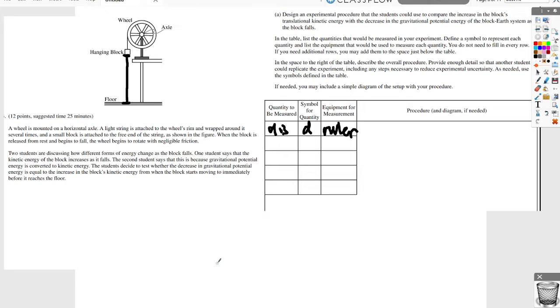Yes, speed. Symbol for quantity, or I could just say speedometer. If we don't have a speedometer, then I could say photo gate. Speed is in meters per second, symbol V, with a photo gate or speedometer.